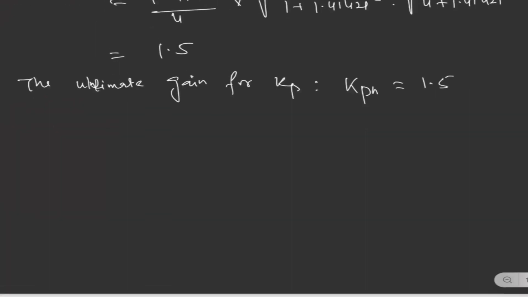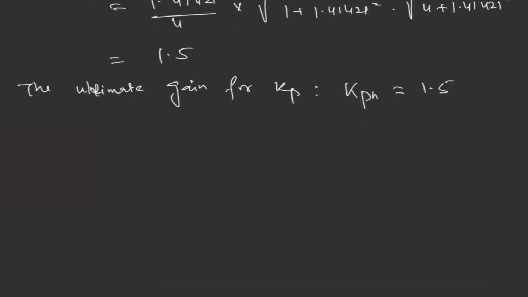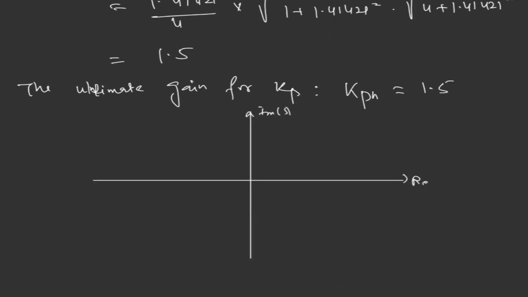Now if you draw the root locus for this system, with the imaginary axis and the real axis, the centroid of the asymptotes is at -1.